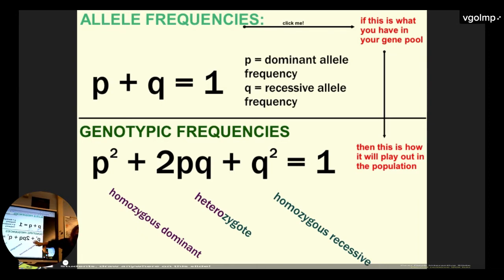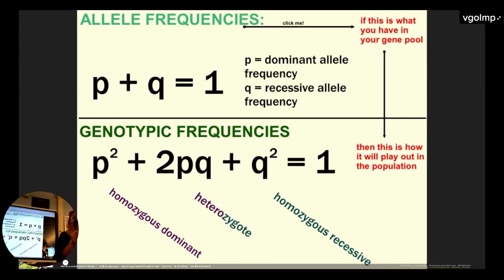But you can also start at your population to figure out your pool, right? But who do you pay attention to out in the population? Who's the only one you can pay attention to? Q squared, which are your homozygous recessives. That's the only pure number you have. Because when you look at individuals, both the P squareds and the 2PQs are going to present with the dominant trait.